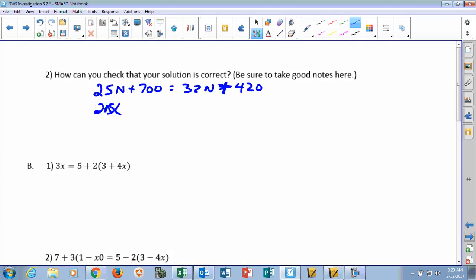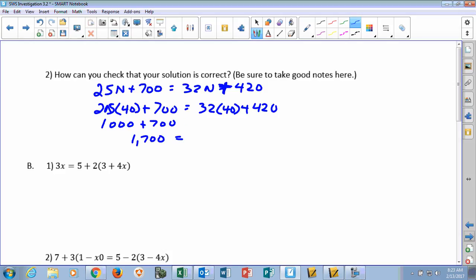So 25 times 40 plus 700, and 32 times 40 plus 420. Well, 25 times 40 is what? Is it 1,000? So you get 1,000 plus 700, which is 1,700, right? And then 32 times 40 is what? 1,280.